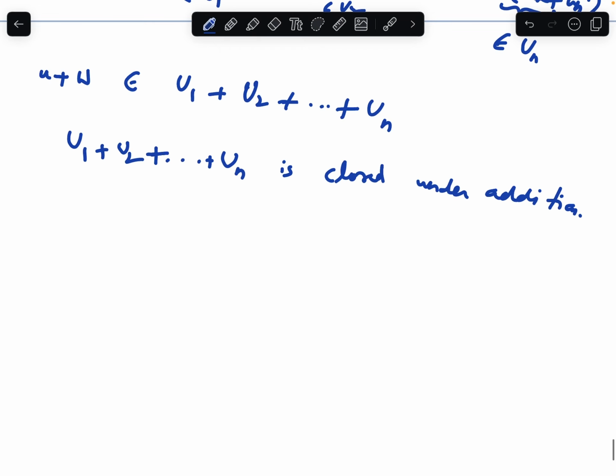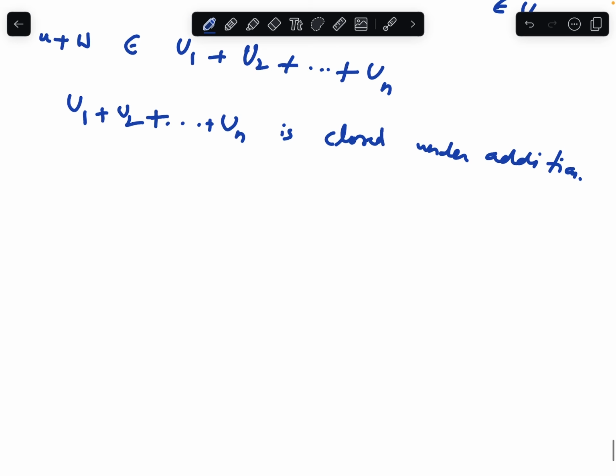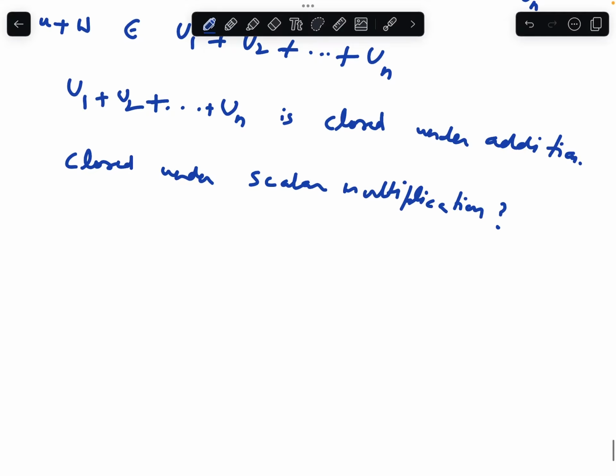Okay. Now let's check the scalar multiplication part. Is u1 plus u2 plus dot dot dot plus un closed under scalar multiplication? Let's see.